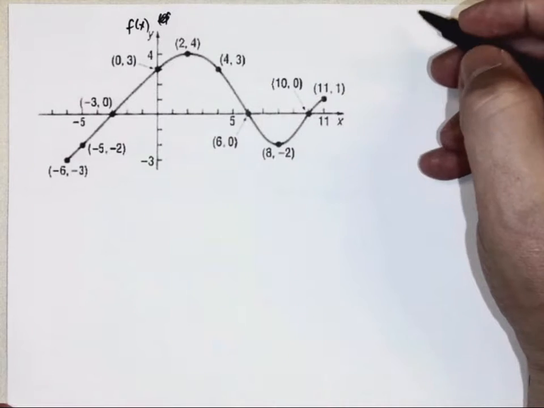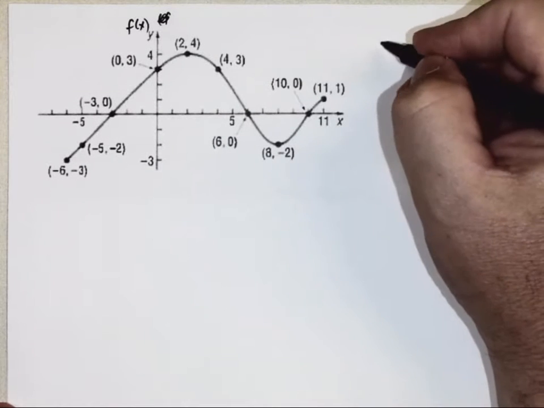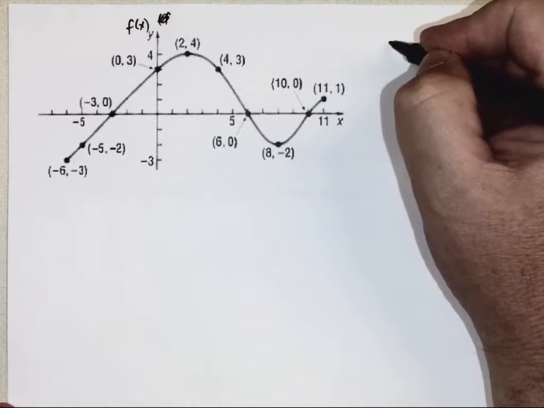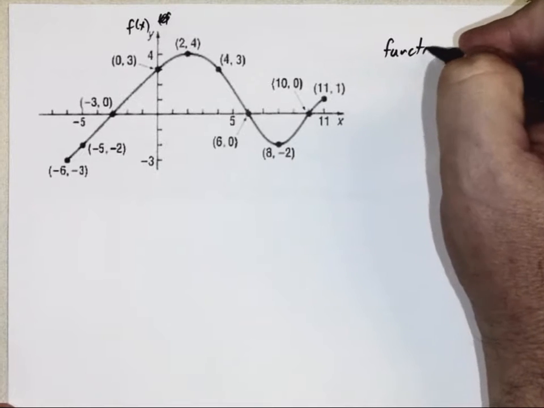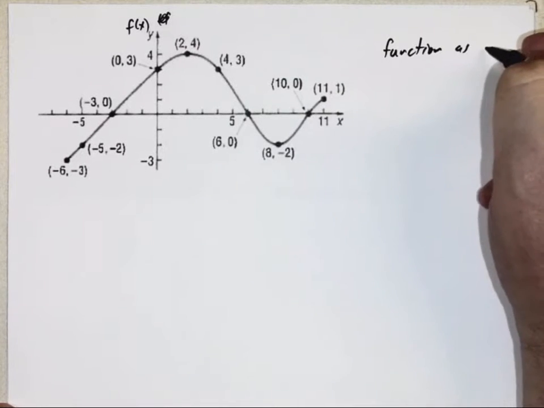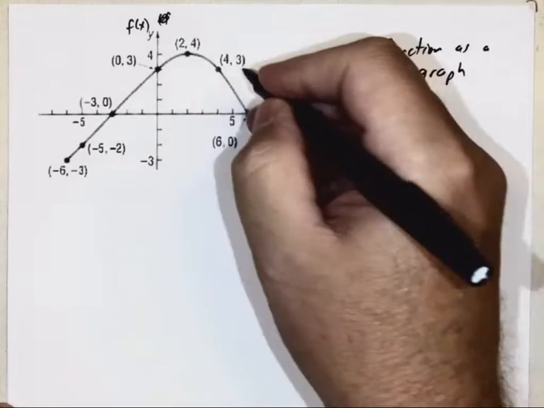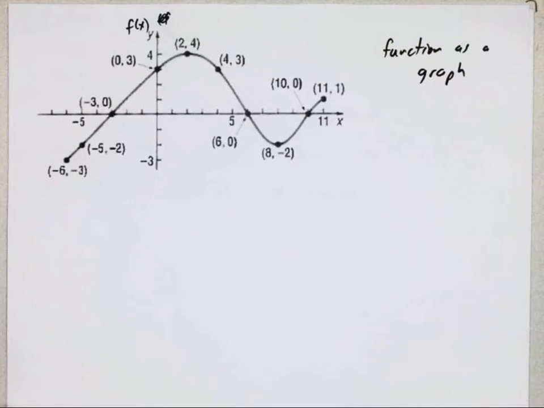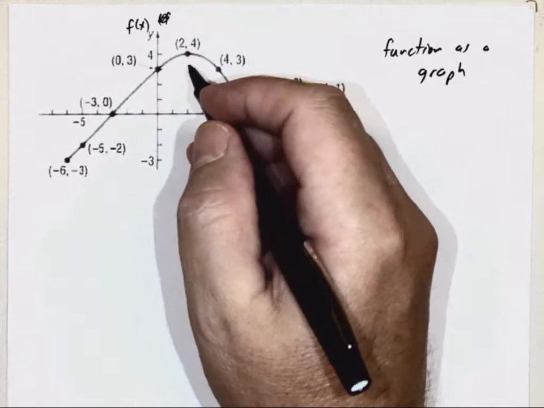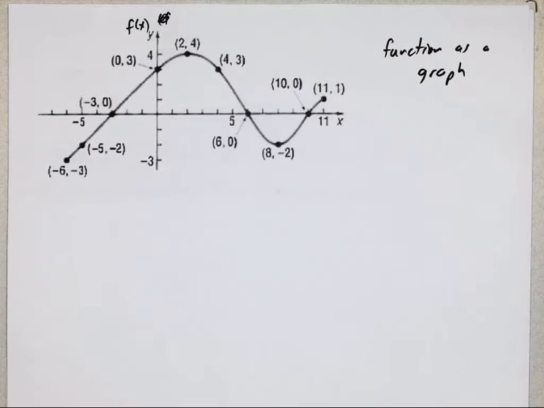So you're given a function as a graph, and based upon this graph, you're going to be asked all kinds of questions about this function. So let me go down the list.